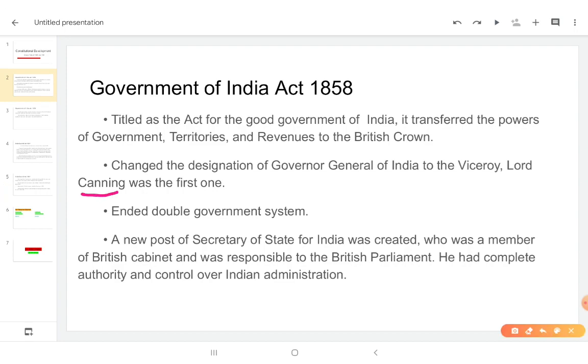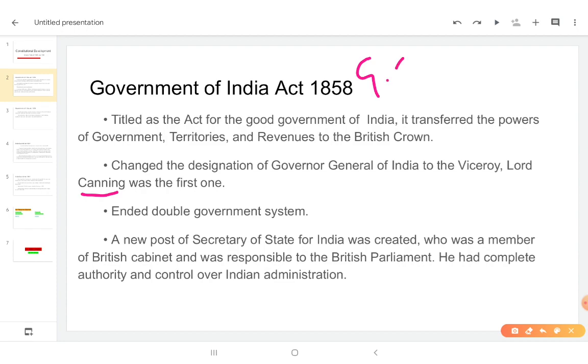Lord Canning was the first Viceroy of India. So there are three things that you need to know, which may be asked in examinations, and they have been asked in previous years as well.